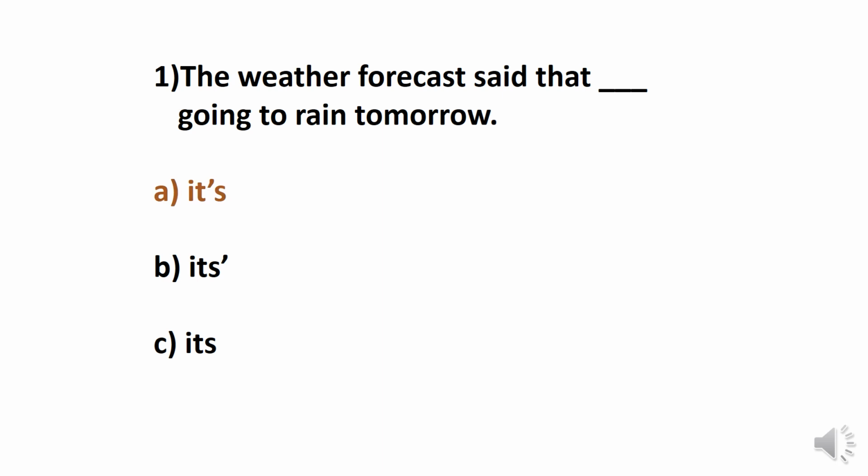Well, the correct answer is A. It's, apostrophe S. It's a contraction and it should say it is, but because it's been shortened, the apostrophe sits between the T and the S to show that there's a letter missing.